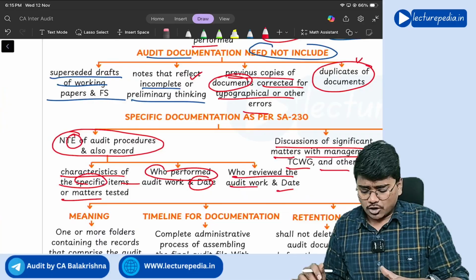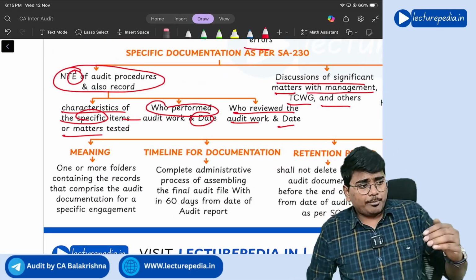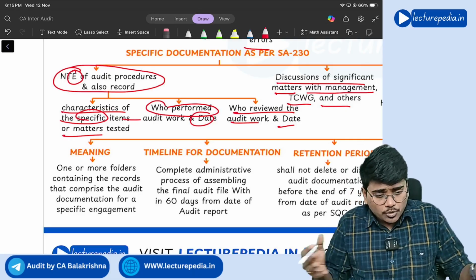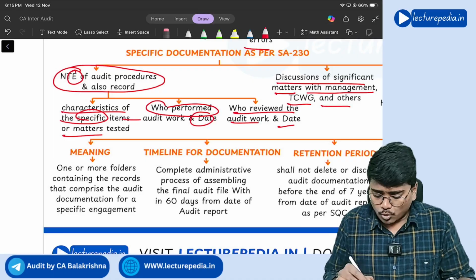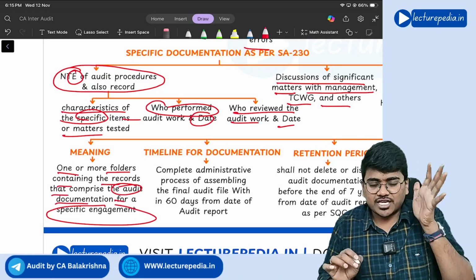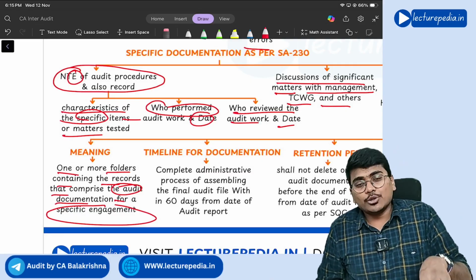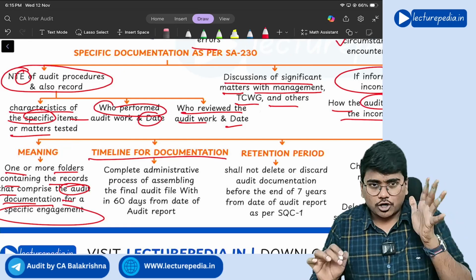Next, audit file. So what is meant by an audit file? See, all the audit documentation related to a particular audit engagement, if you collate them and keep them together, that becomes an audit file. See, one or more folders containing records that comprise audit documentation for a specific engagement of that particular year, you will call it as audit file. Next, timeline for documentation.